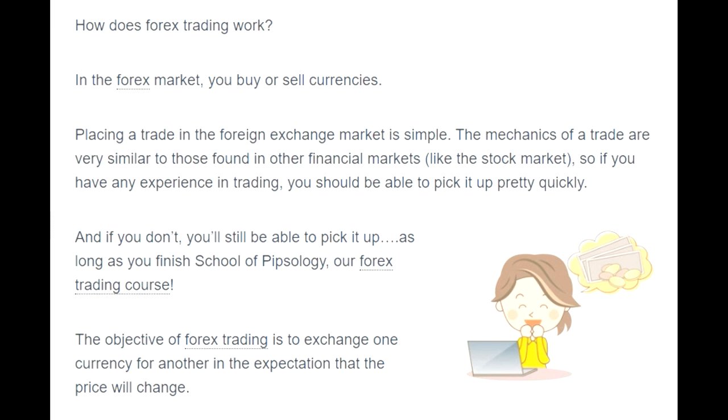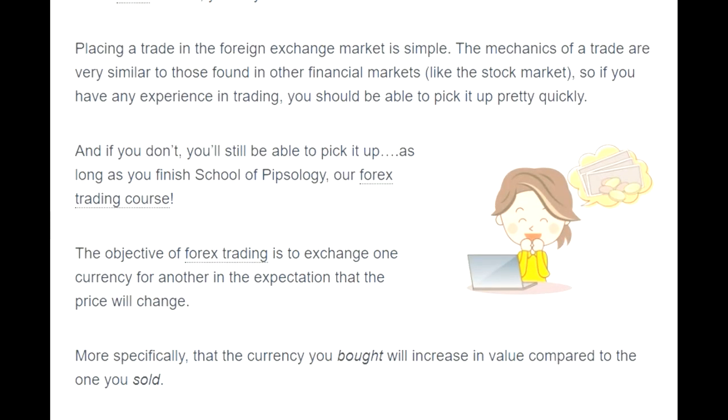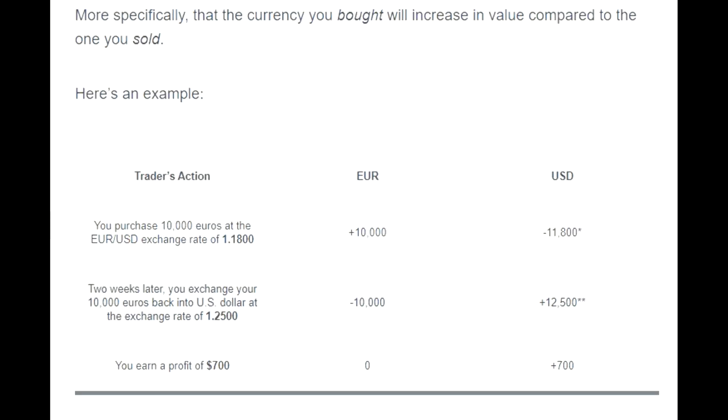It's completely based on speculation. In Forex, we have what we call the bid price, the ask price, the spread, and we also have what we call pipsology. It is referred to as pips in forex trading. Pips is what you calculate to know how much you have made from a trade.